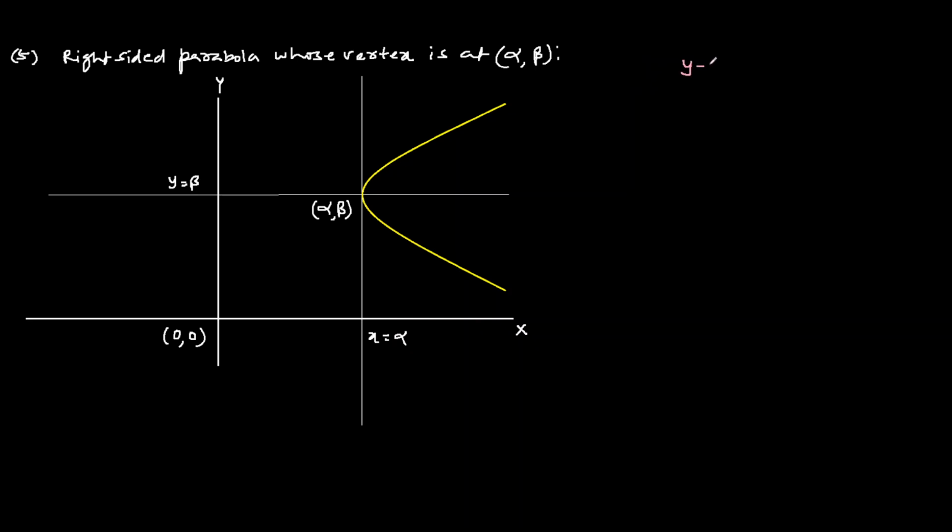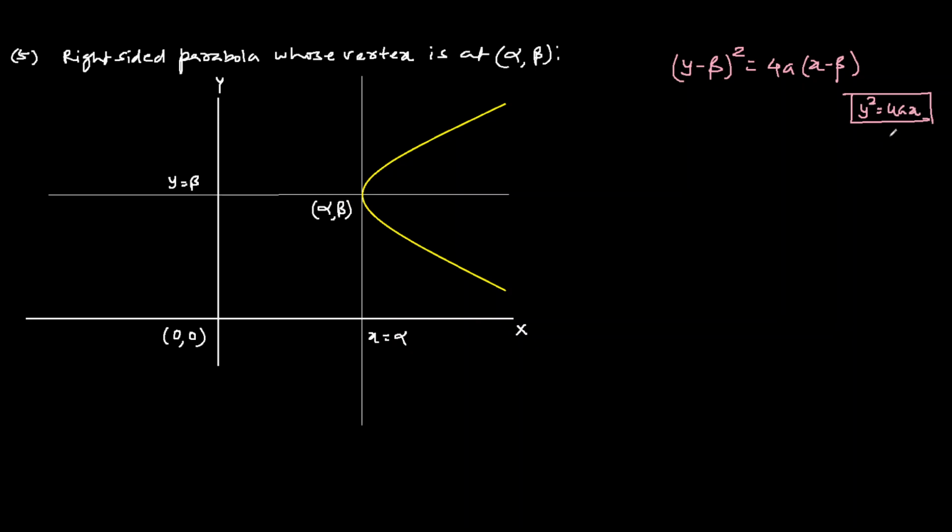(y minus beta) whole square equal to 4a (x minus alpha). It is not y square equal to 4ax. If its vertex is at 0, 0, then its equation has to be y square equal to 4ax.